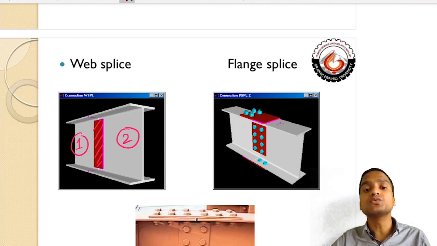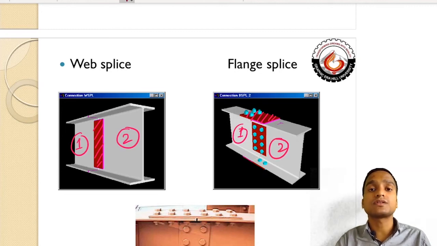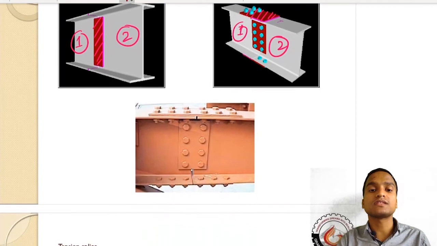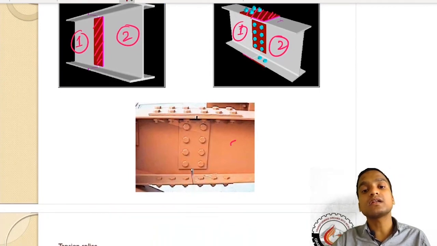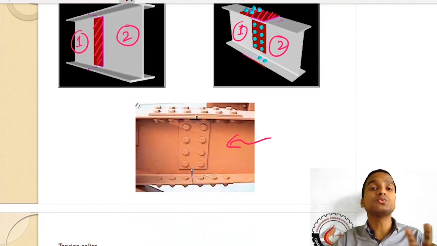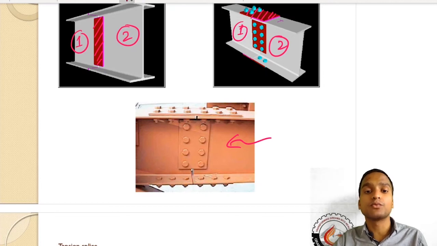Whereas if we do splicing on the flange portion, it is called flange splice. Okay, and this is my first and second I section subjected to tensile forces, and you can see this real life picture of two tensile members having I section, and they are being flange spliced and web spliced both.